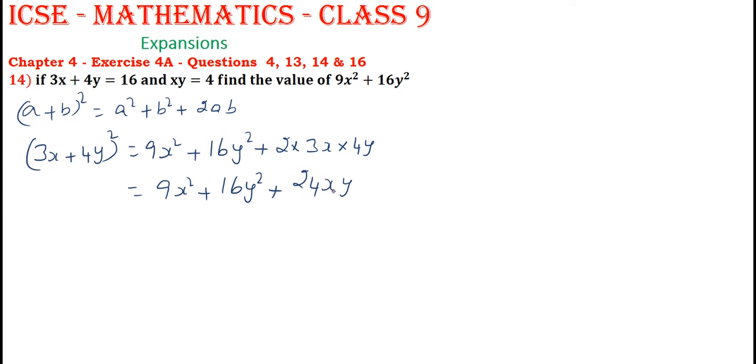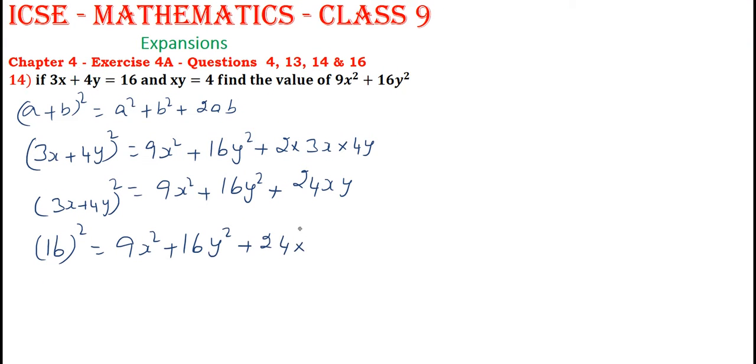So 24xy equal to this side, 3x plus 4y whole square. Now we can apply the values. It's 3x plus 4y equal to 16 and xy equal to 4. So it's 16 square equal to 9x square plus 16y square plus 24 into xy, which is 4.